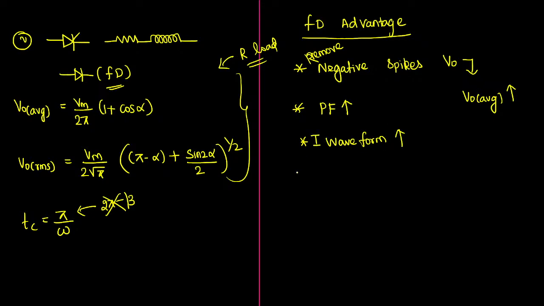So when the output voltage increases, automatically the efficiency of the overall system, that is the efficiency of the converter, the thyristor efficiency, will be increased. So these are some of the advantages of connecting the freewheeling diode with our circuit. Do remember these things, it will be helpful for you. Okay, don't forget.